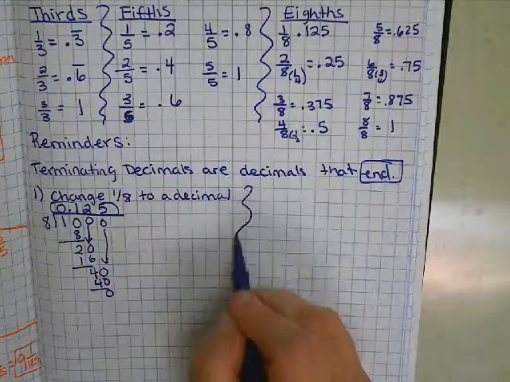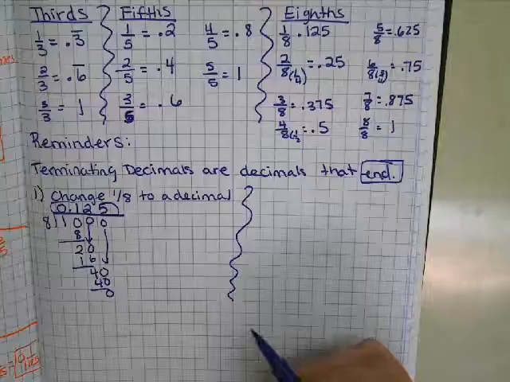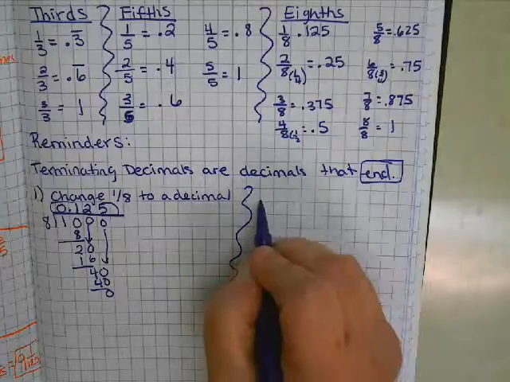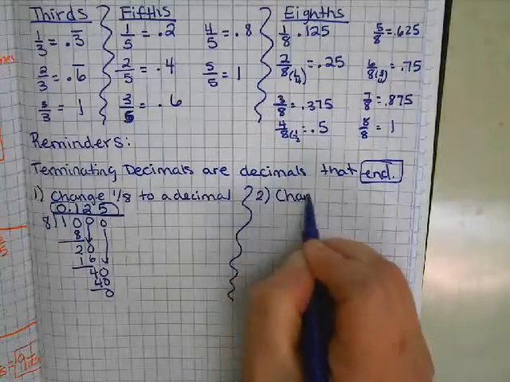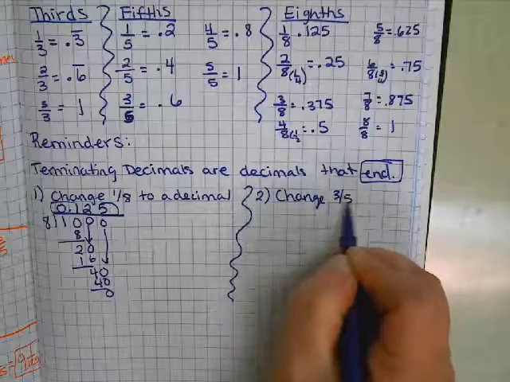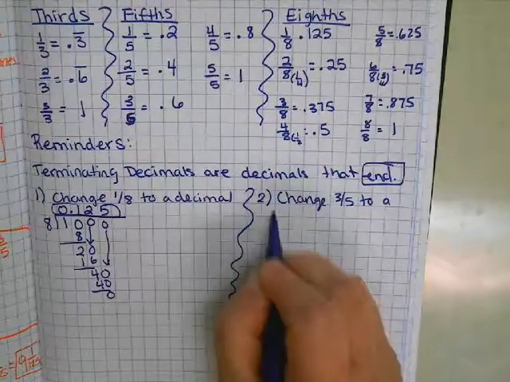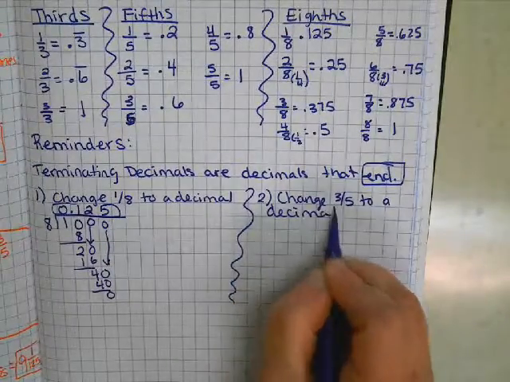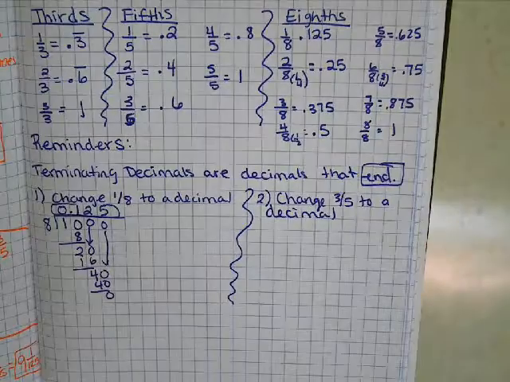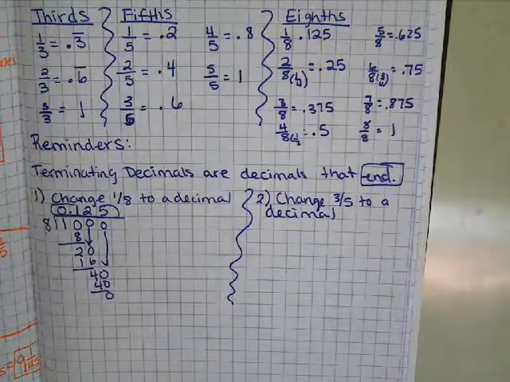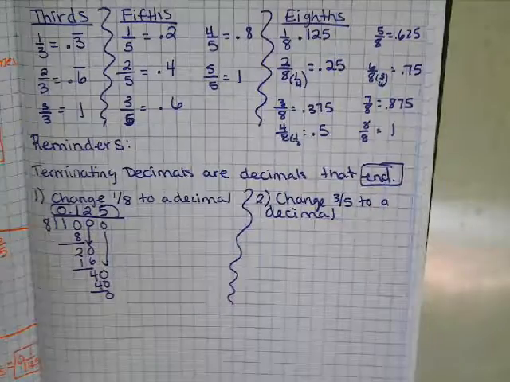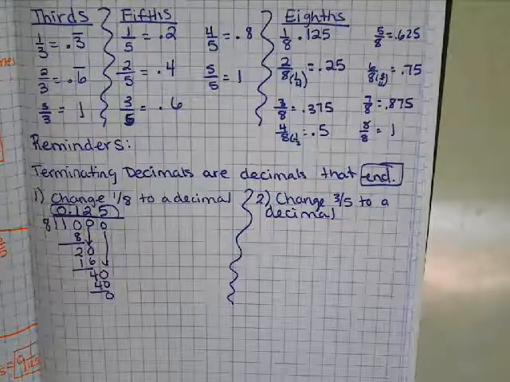Now I want you to try this next one on your own. Change 3/5 to a decimal. So pause it right here and try that. Okay, when you're ready, you can click play to move on.